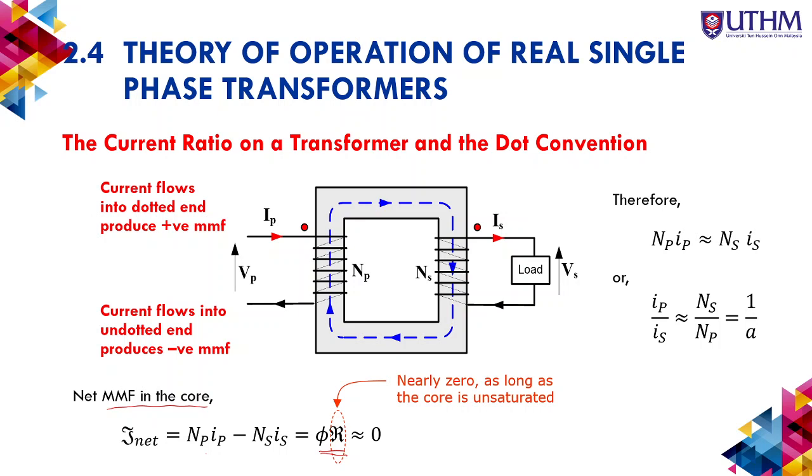So we know for the real transformer the current conversion, the turn ratio, is the same equation as the ideal one.